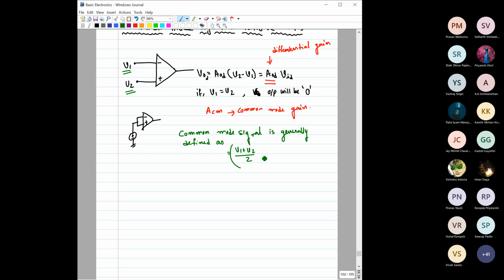This is the gain. So if you multiply this common mode gain with the common mode signal, then you should be able to find the common mode output, meaning the output due to the common mode gain. And typically, these CMRR values are quite high.